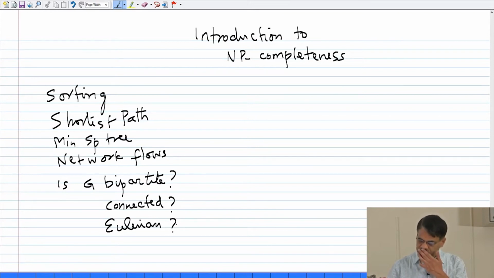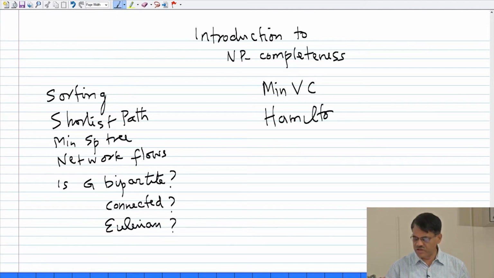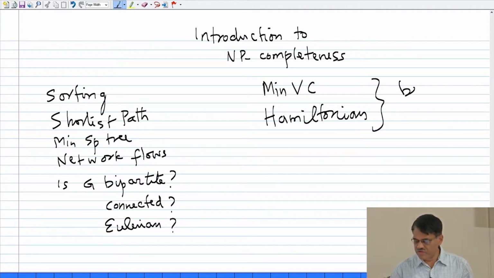And I mentioned problems like minimum vertex cover and is the graph Hamiltonian. So, these are problems for which the best known algorithms take exponential time.